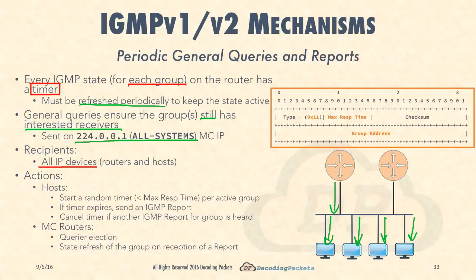Now the actions are more interesting. For the hosts, suppose there was basically a polling and a reporting, so a query and a report relationship. So as soon as you got the query, then your response was to immediately send a report. Think of even in our small network what would happen.